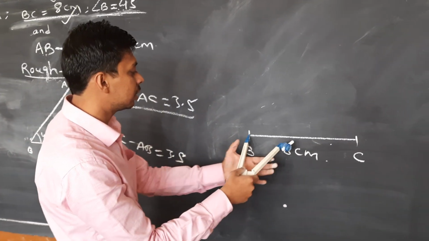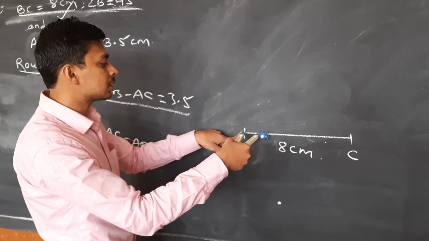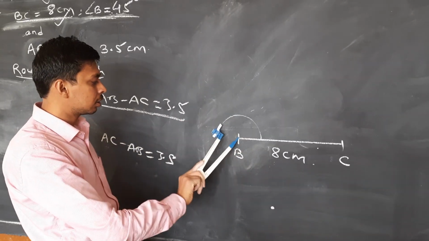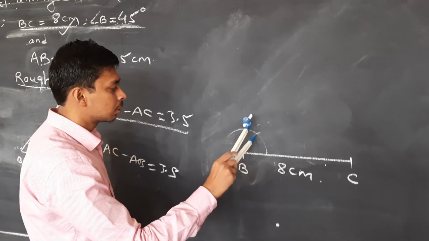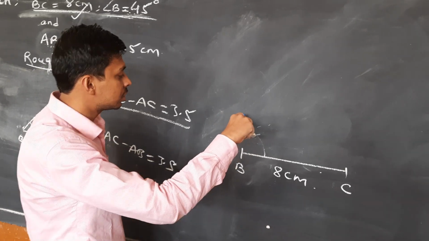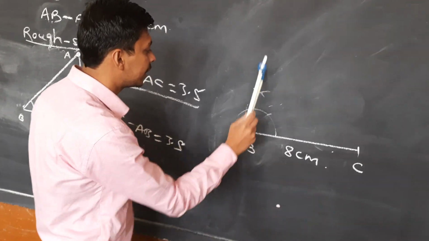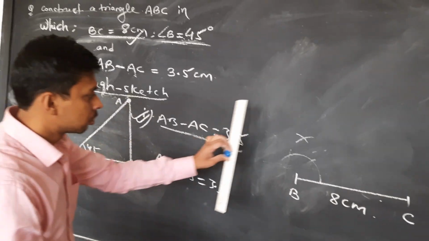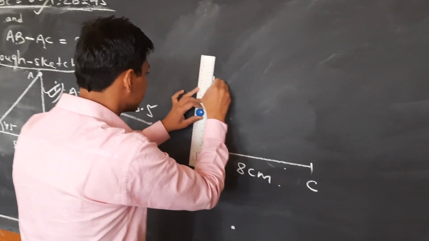For this, taking P as center and any radius I draw an arc. This is 60 degree. From here to here it is 120. Now bisect 60 and 120. This will be 90 degree. So this will be 90 degree line.